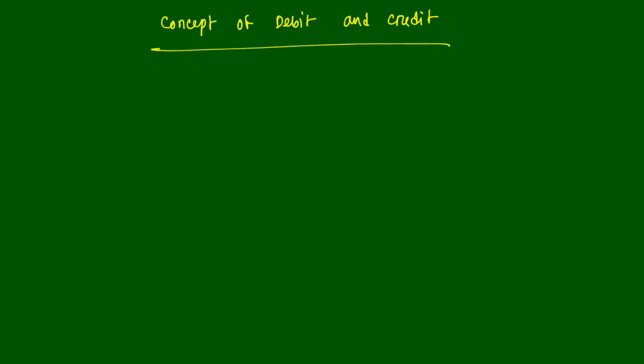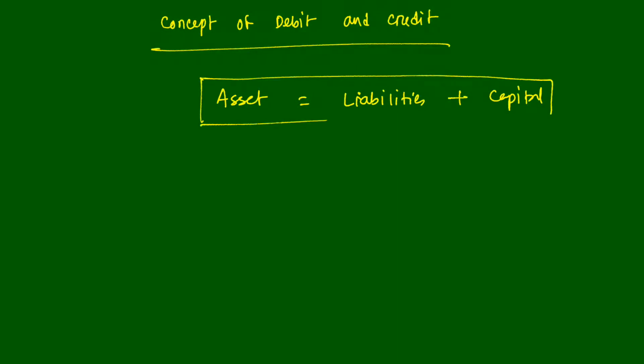Basically, in the earlier chapter on the accounting equation, we already completed that topic. In that chapter, we discussed that every accounting transaction involves assets, liabilities and capital. It means asset is equal to liabilities plus capital.